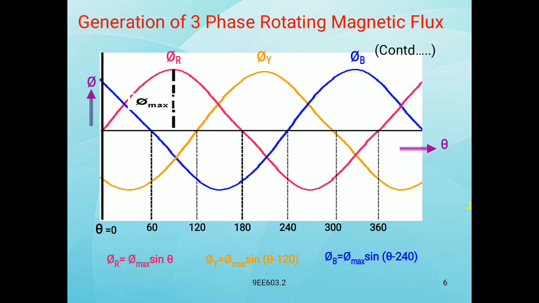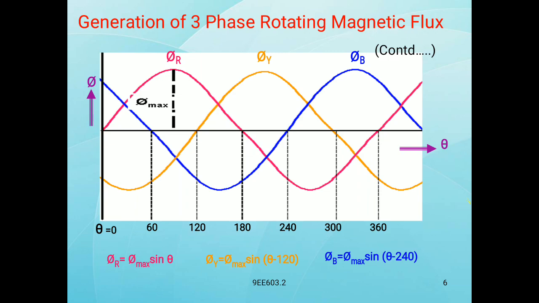In a similar way it increases positive, goes to 0, increases on the negative side, and then goes to 0. In a similar way B phase is also displaced by 240 degrees.